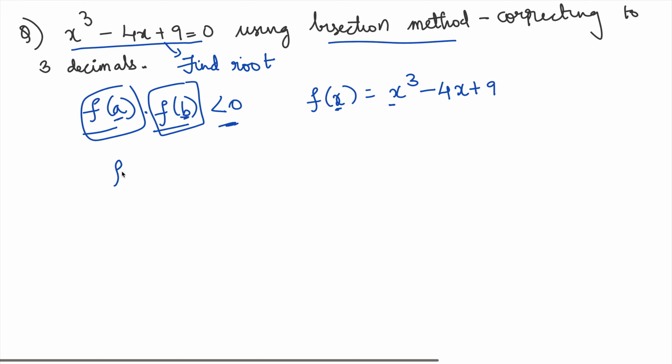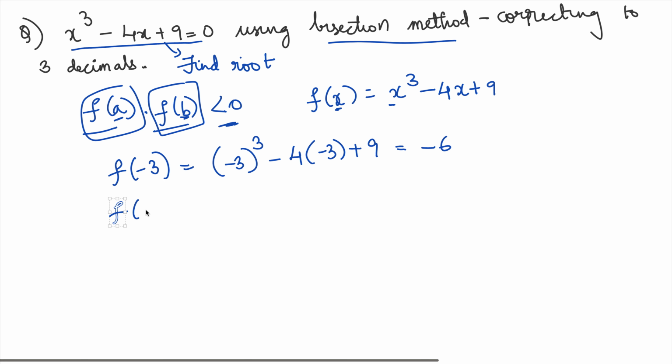Now let's see what is f of minus 3. This is just hit and trial to get two numbers; I have already solved it in my notebook. So f of minus 3 is minus 3 whole cube minus 4 into minus 3 plus 9. This gives us minus 6.